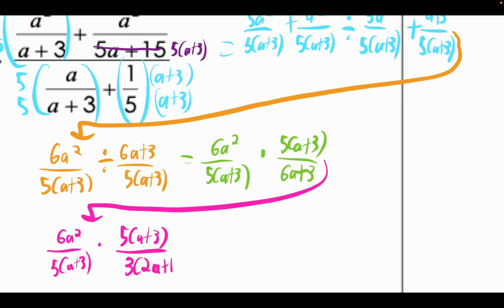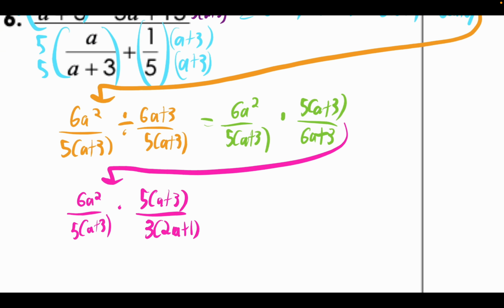There's a GCF of 3 there. All right, so now as I look to reduce here, 5 and 5 reduce to 1, a plus 3 and a plus 3 reduce to 1. Then we have 3 and 6 reduced by 3 to become 2 and 1. And so on the top I get 2a squared, on the bottom I have 2a plus 1.